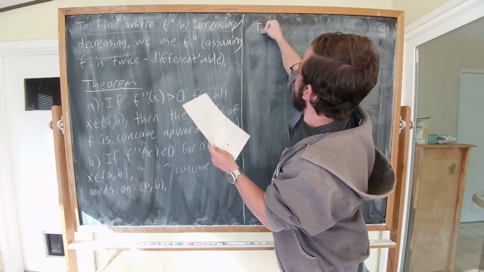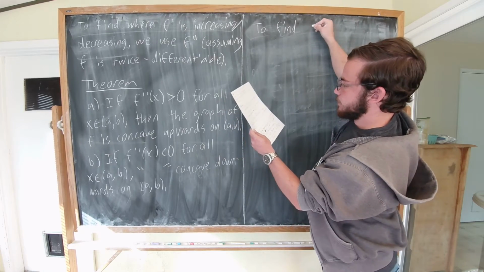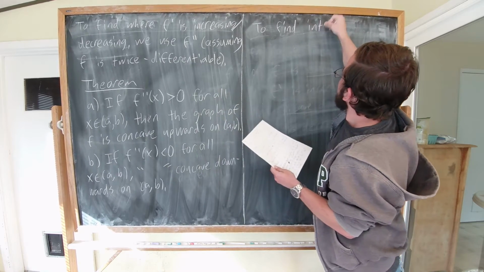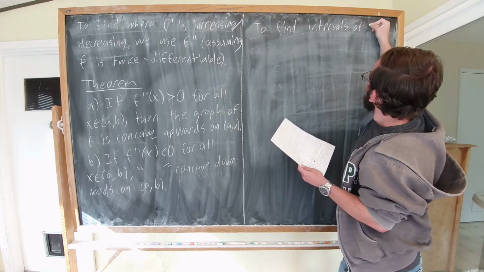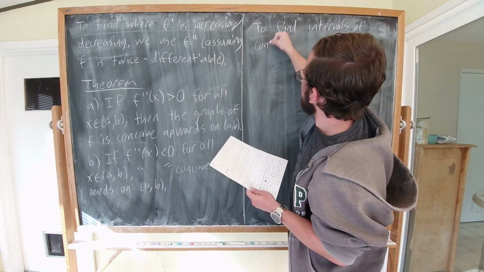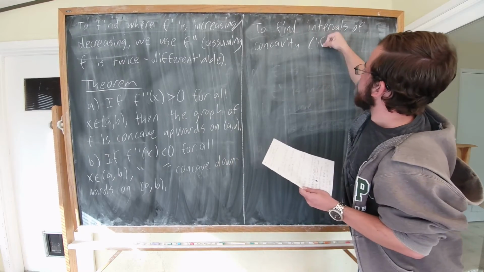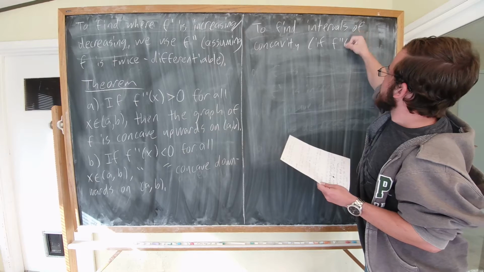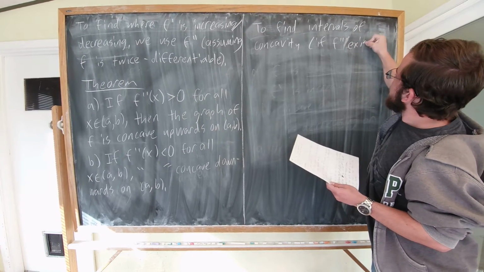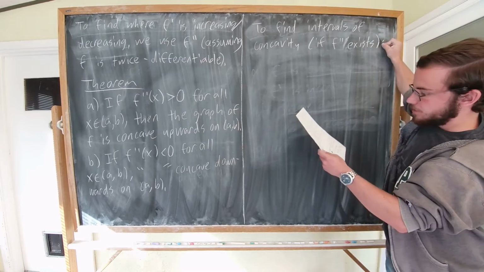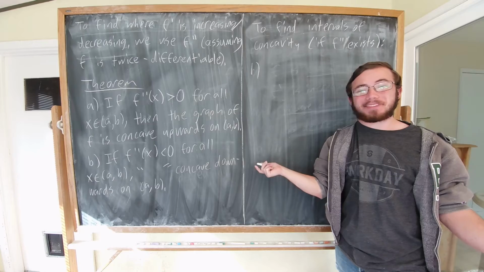So, to find intervals of concavity, if f double prime exists: Step 1, we'll need to actually compute the second derivative.